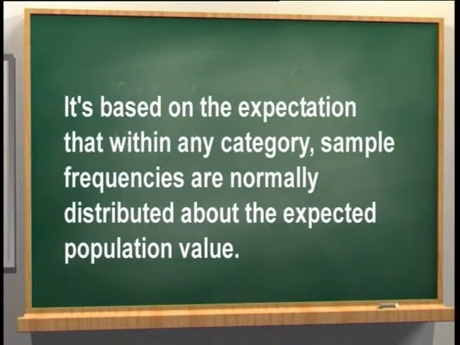Chi-square is an approximate test of the probability of getting the frequencies one has actually observed if the null hypothesis were true. It is based on the expectation that within any category, sample frequencies are normally distributed about the expected population value.